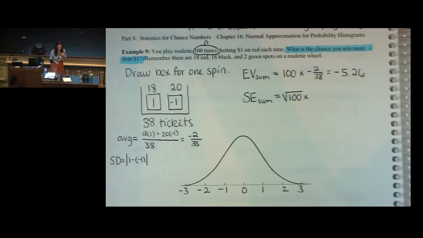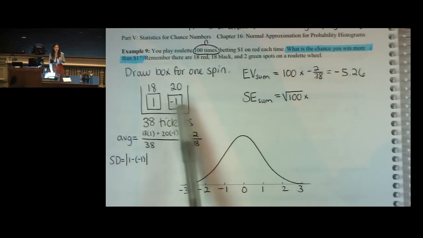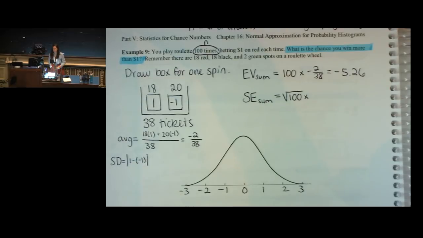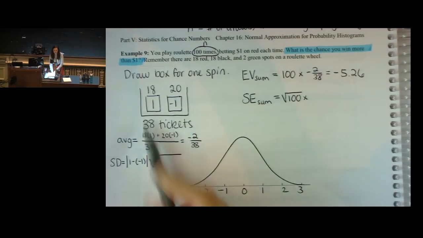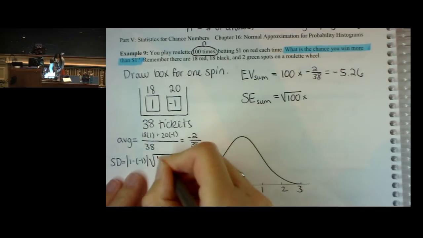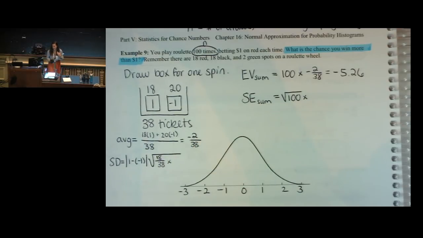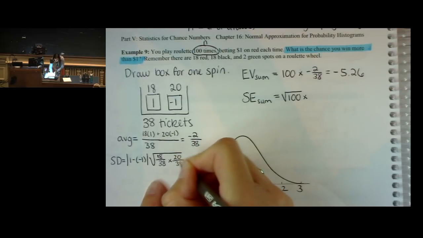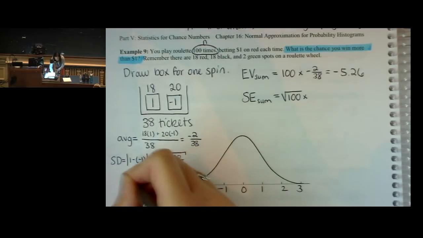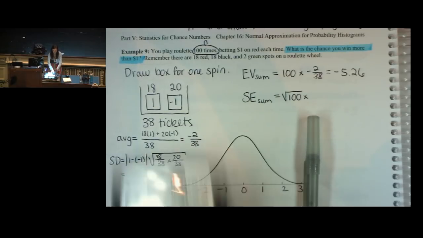I know we've been doing a lot of 1, 0 boxes, but don't forget, if they're not 1s and 0s, we have to do this part in front. And then times the square root of the fraction of A tickets, so the fraction of 1s is 18 over 38, times the fraction of -1s, which is 20 over 38. And let's see what I get. 1 minus -1 is 2, right?